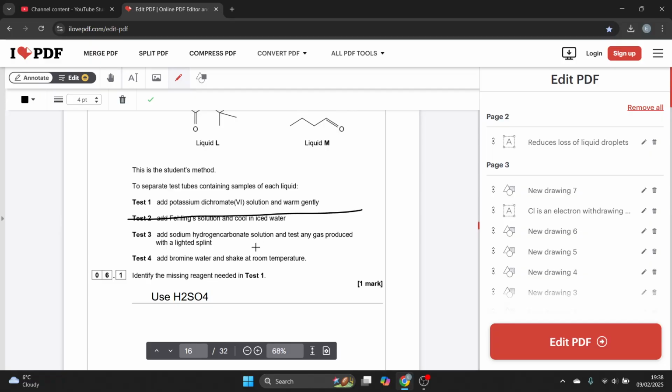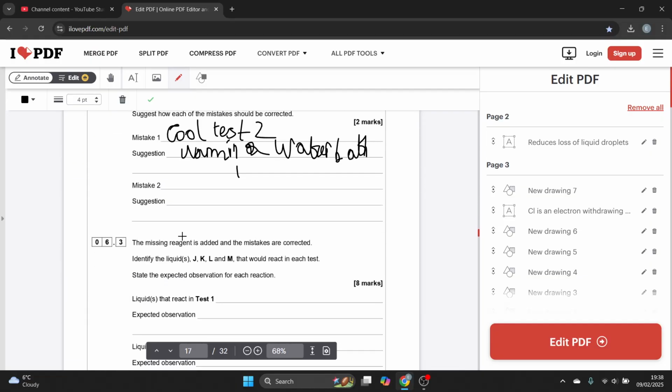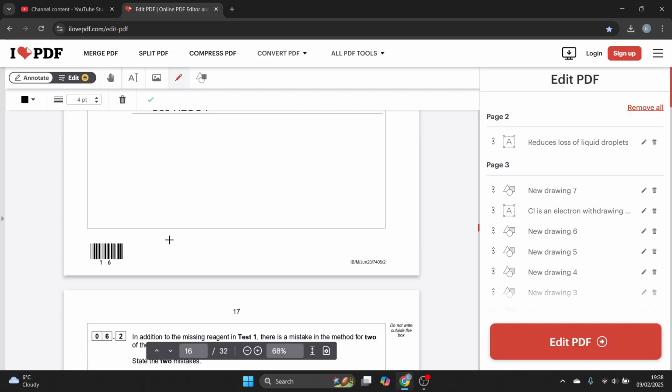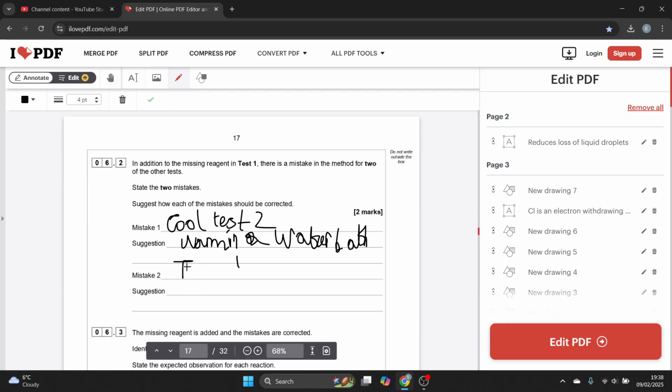Mistake 2: add sodium hydrogen carbonate solution, test any gas produced with a lighted splint. No, no. That's such an obvious mistake, but I guess students, including myself, will fall for it because I fell for it as well. So the mistake was testing the gas produced with a lighted splint.